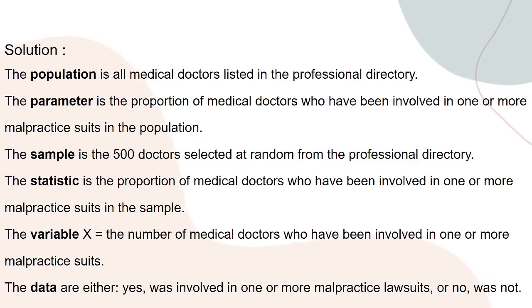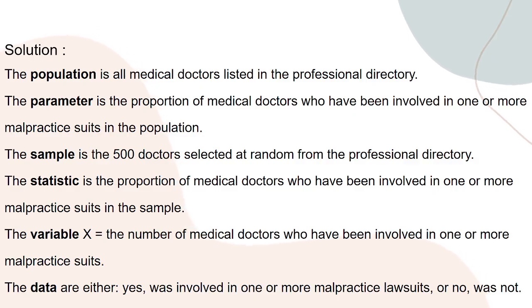So the solution is the population is all medical doctors listed in the professional directory. The parameter is the proportion of medical doctors who have been involved in one or more malpractice suits in the population. The sample is the 500 doctors selected at random from the professional directory.